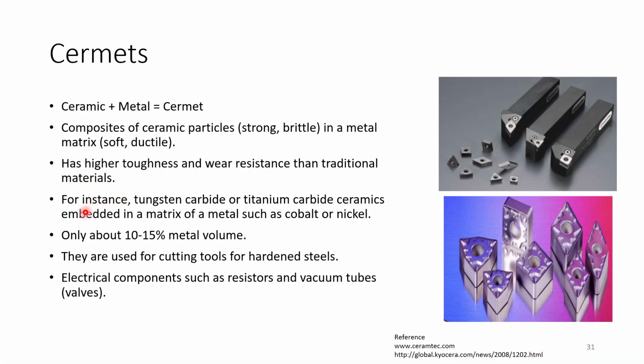For instance, tungsten carbide or titanium carbide ceramic is embedded in a matrix of metals such as cobalt and nickel, with only about 10 to 15% metal volume. They are used for cutting tools for hardened steels and electrical components such as resistors and vacuum tubes in valves, etc.